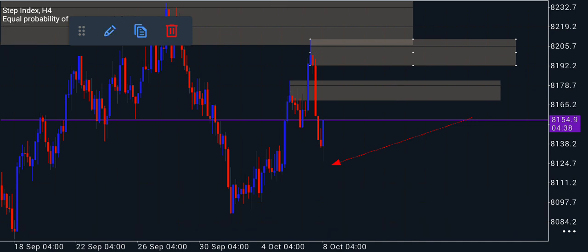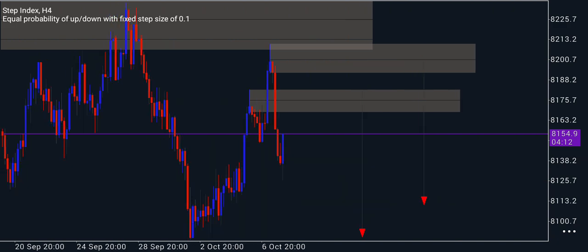It's either market reacts from here or from here, and then we sell the market. So in whichever way, these two areas are the areas we are looking at.